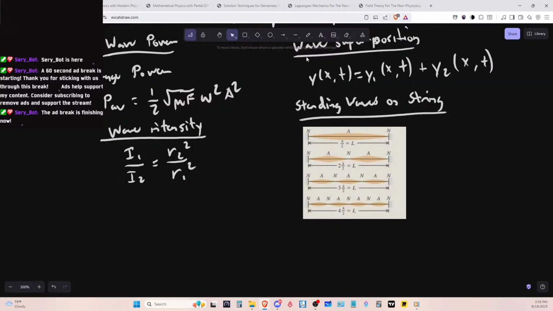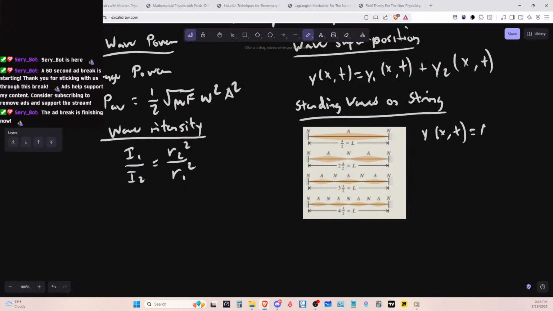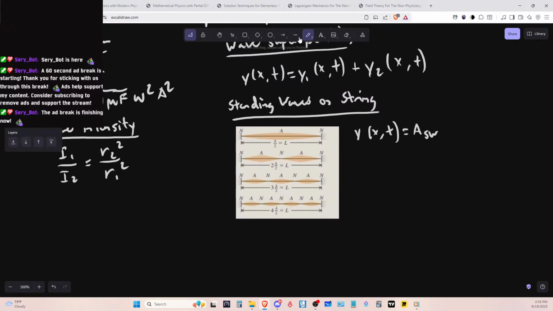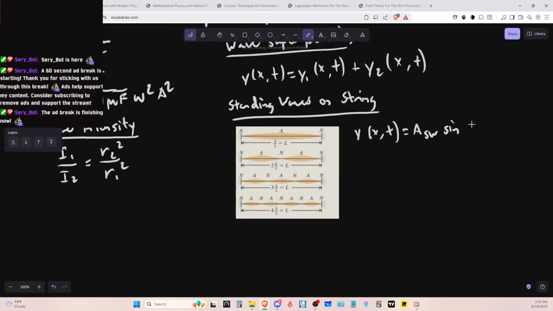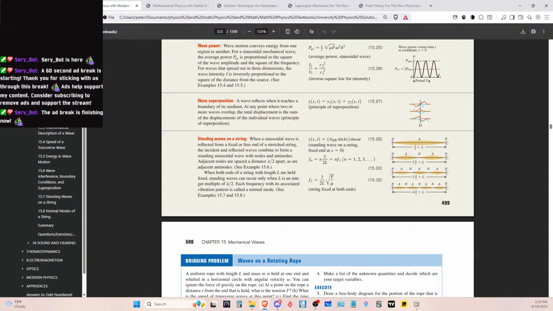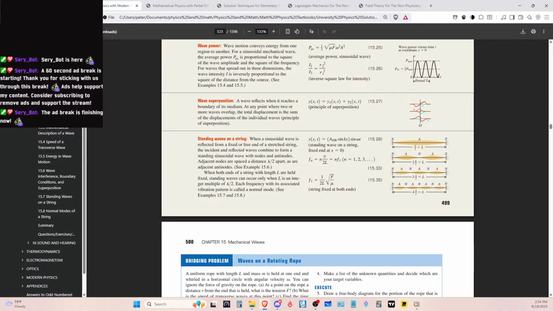We'll just write, okay, that's equal to A multiplied by sine omega t.